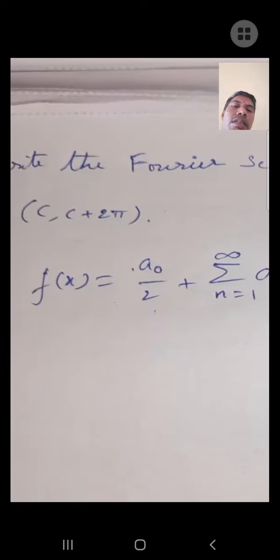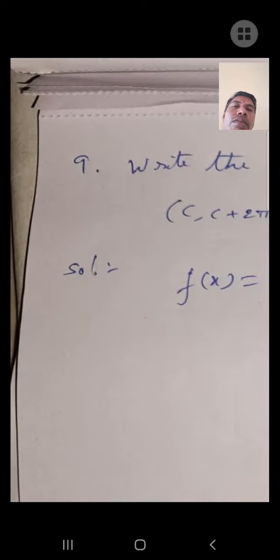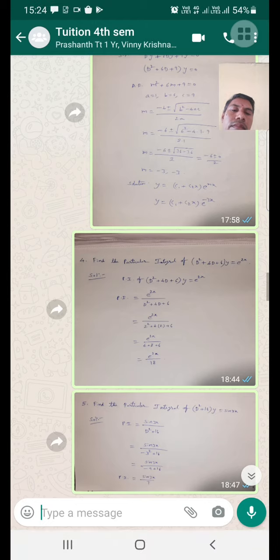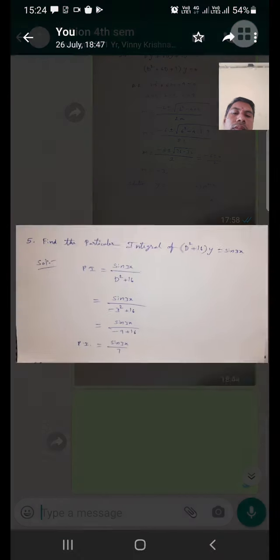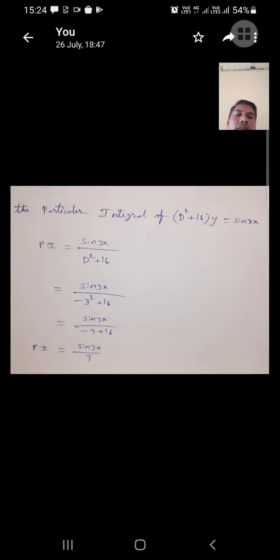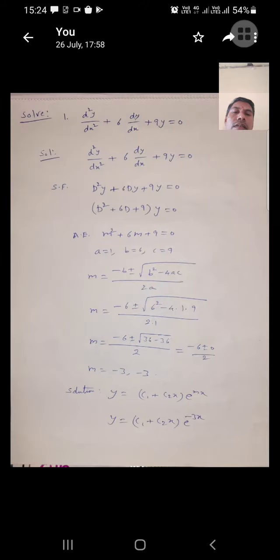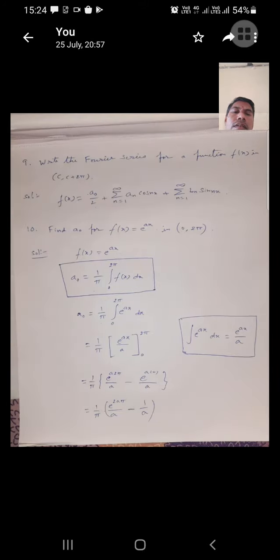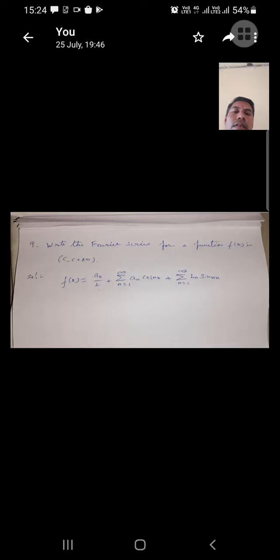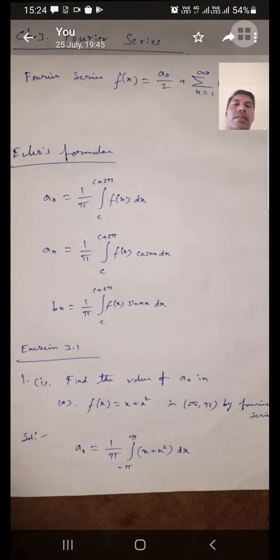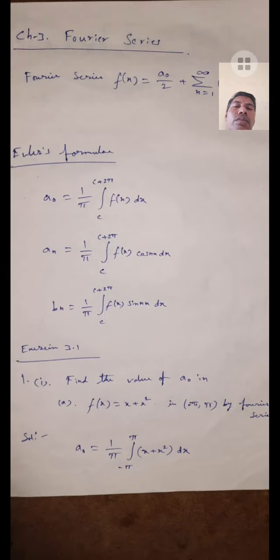So there is a chance to ask the Fourier series formula.